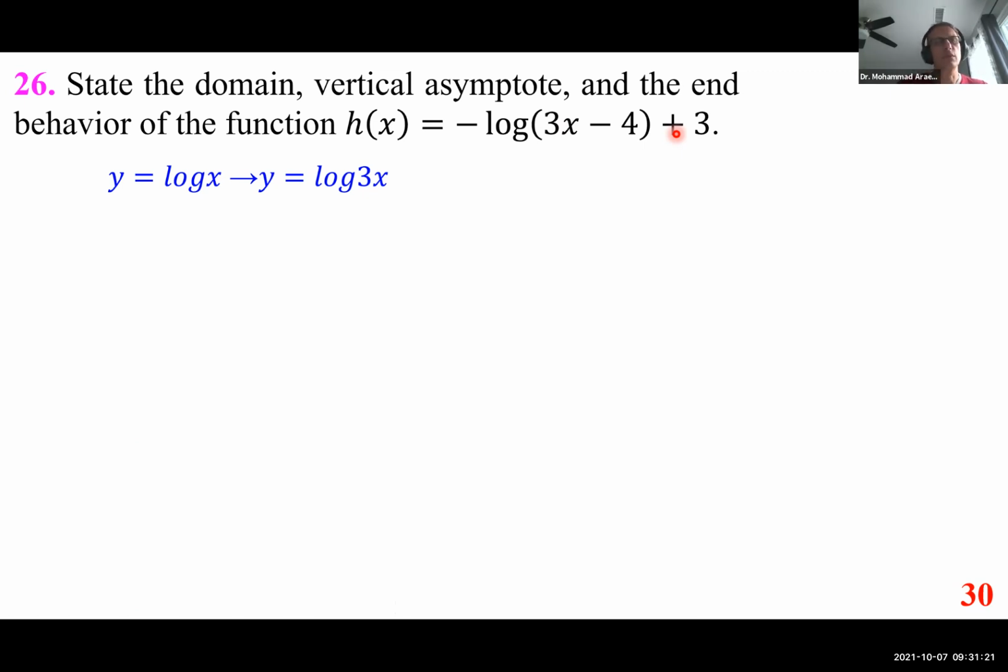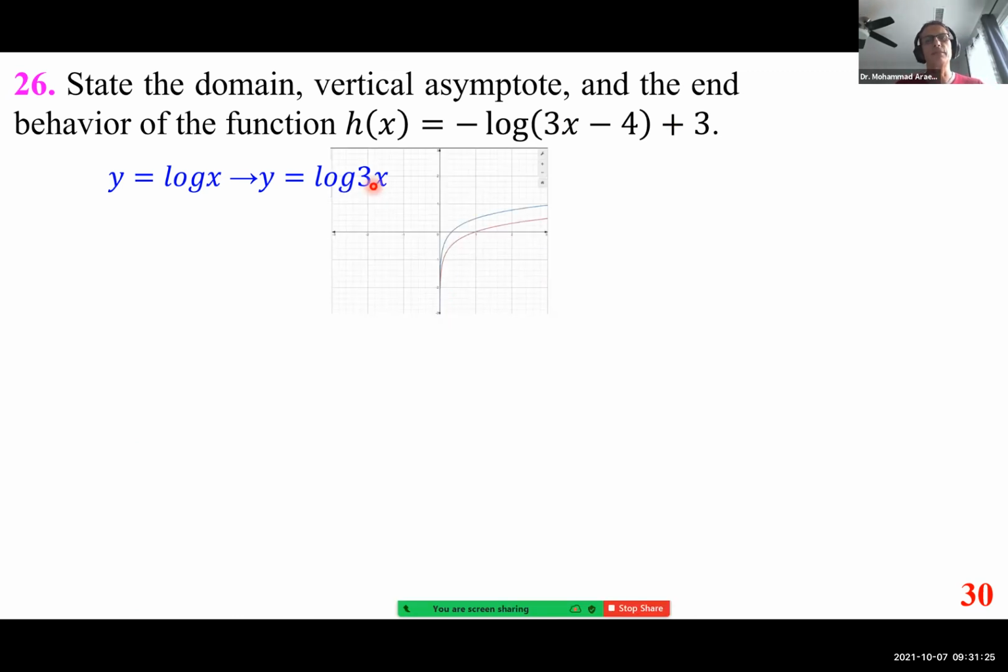We look at log 3x, and therefore, if you look at log x, taking place is the x-intercept at this point, which is 1, 0. Now, what is the effect of 3x? That shrinks along the x-axis by a factor of 3.